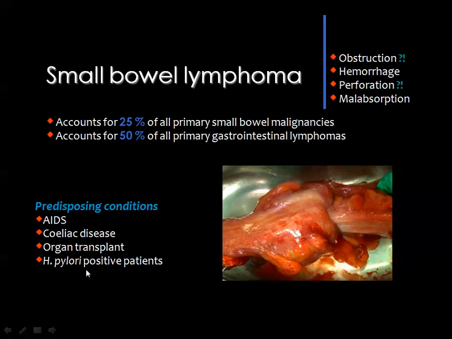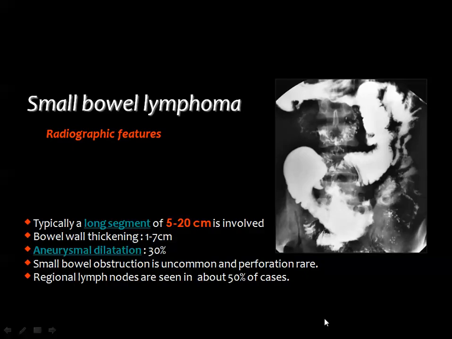Lymphoma does not usually cause obstruction, does not usually cause perforation, but may lead to hemorrhage and may lead to malabsorption. And lymphoma of the small bowel, as regards the small bowel follow-through, usually presents by long segments of abnormality, and these segments may reach up to 20 centimeters in length.